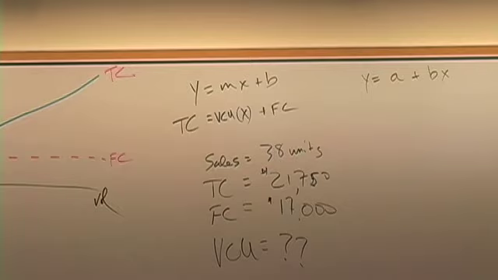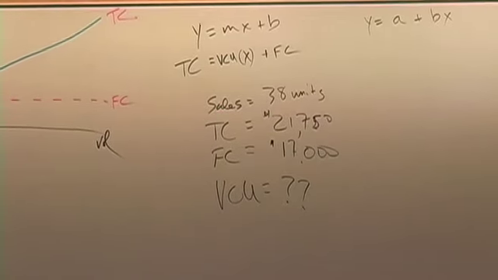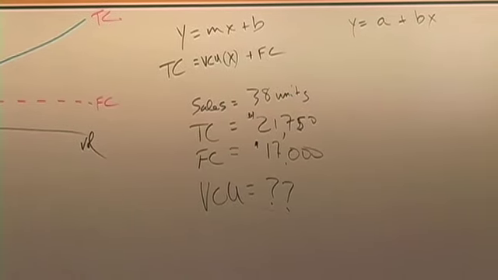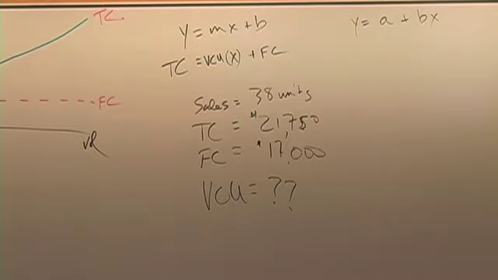Sales of 38 units, total cost 21,750, fixed cost 17,000. Now you should be able to calculate variable cost per unit. And yeah, you might want your calculator out. Yes, it is. 17,000.